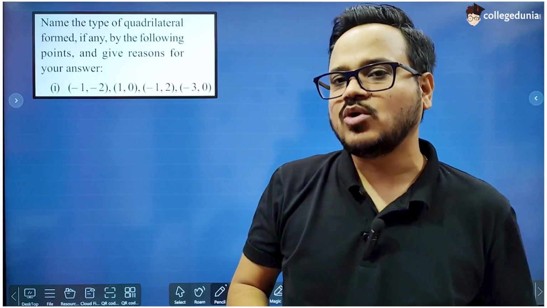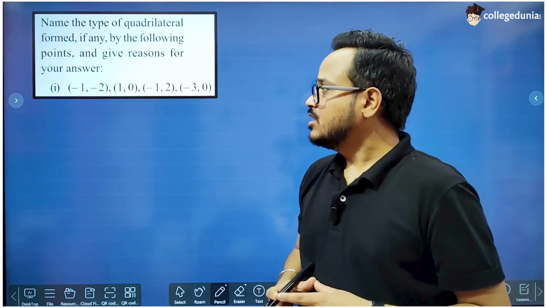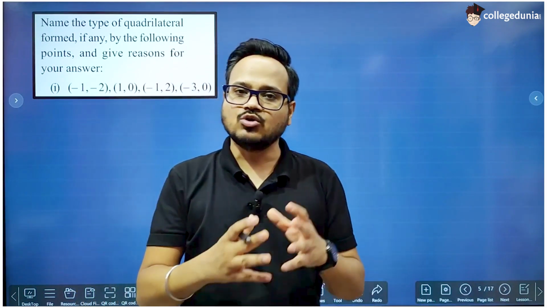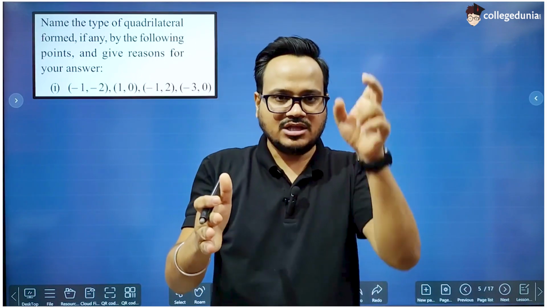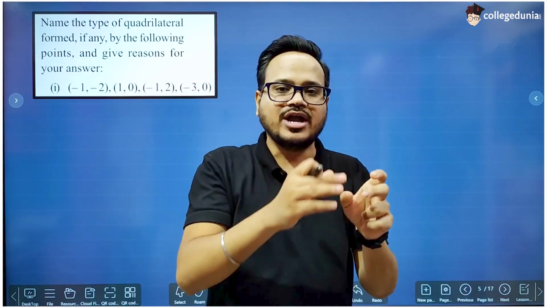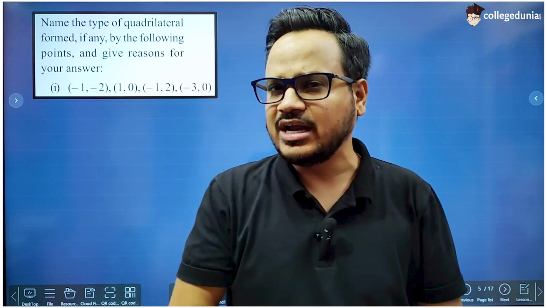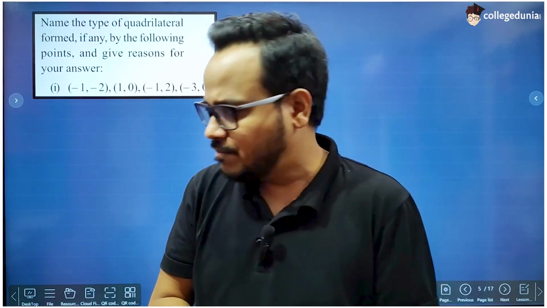But if 4 sides are equal and diagonals are unequal, then the figure is a rhombus. Similarly, if opposite sides are equal, AB equal to CD and BC equal to AD, then the quadrilateral is either a rectangle or a parallelogram. Again we will find diagonals AC and BD, and if the diagonals are also equal, then it is a rectangle, otherwise it is a parallelogram.